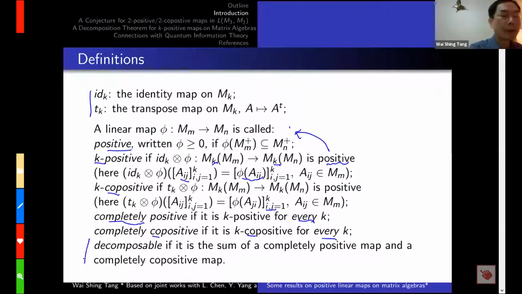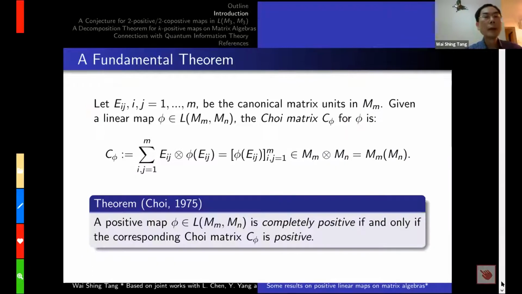And a map is said to be decomposable if it is the sum of a completely positive map and a completely co-positive map. Okay, so there's a very simple characterization of completely positive maps on matrix algebras by Man-Duen Choi. Now if we use the standard notation, Eij is the canonical matrix unit in Mn. That means, of course, it is 1 at the ij position and 0 elsewhere, right?